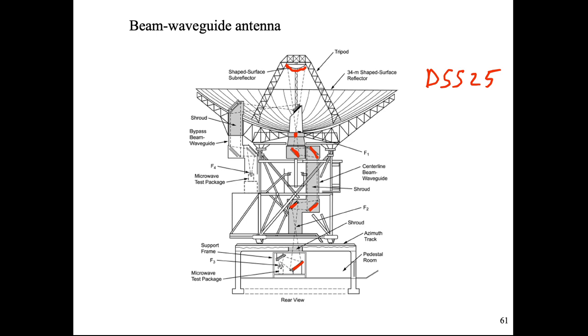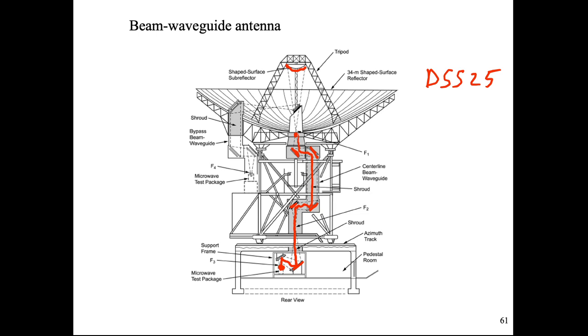It is carried down by means of these radio frequency mirrors, down in the basement, and through a series of reflections reaches the feed. So the feed de facto is located in the basement of the antenna, in the pedestal, the so-called pedestal room.